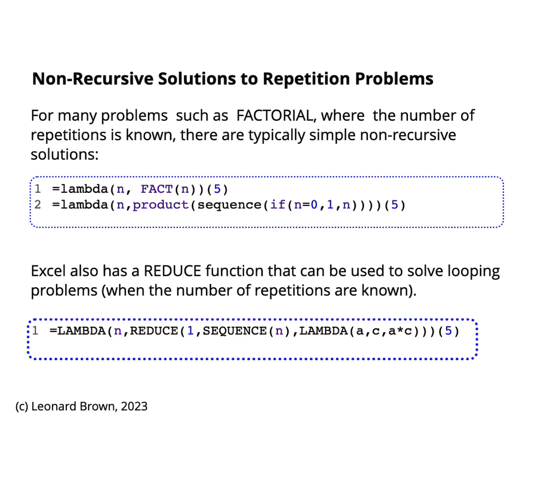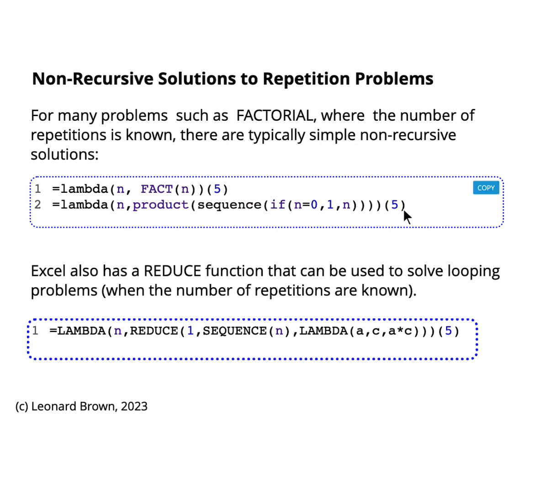For many problems that typically require repetition, if the number of repetitions are known, there are typically simple non-recursive solutions. For example, here are two lambdas that solve the factorial problem without recursion. The first simply uses the built-in factorial function.